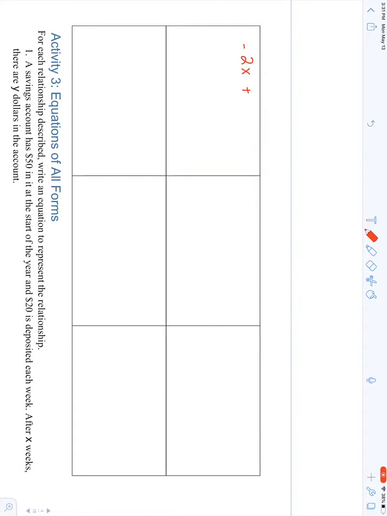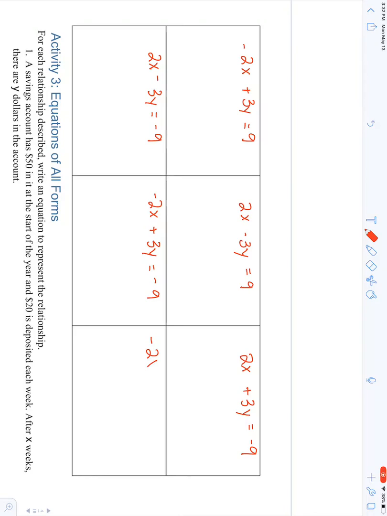Negative 2x plus 3y equals 9. 2x minus 3y equals 9. 2x plus 3y equals negative 9. 2x minus 3y equals negative 9. Negative 2x plus 3y equals negative 9. And negative 2x minus 3y equals negative 9.